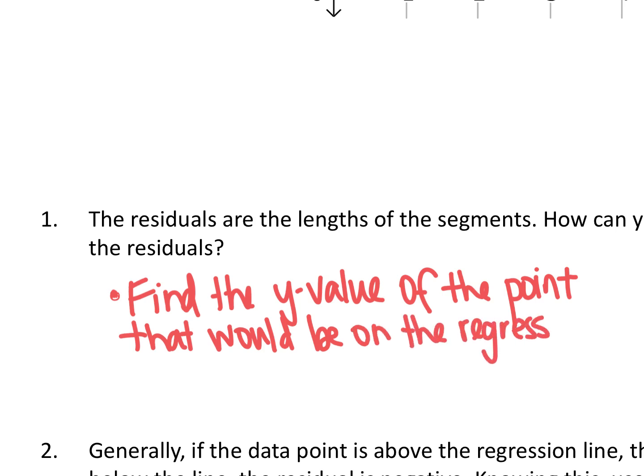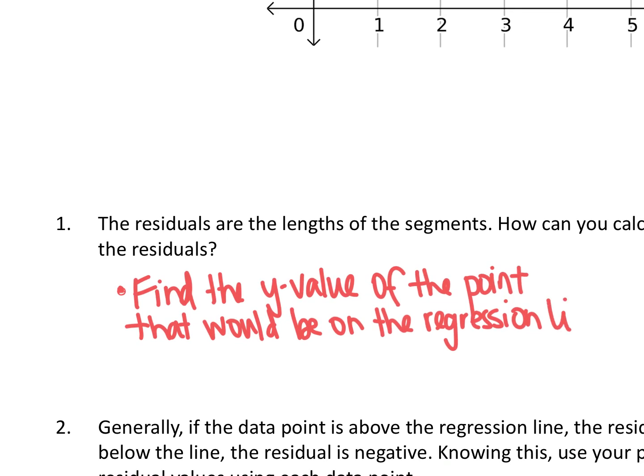And remember, regression line is just the line of best fit, right? Okay, so you do that first. Once you find that y value of the point that would be on the regression line, you keep the same x value, but you find what that y value would be. Then all you do is a subtraction.